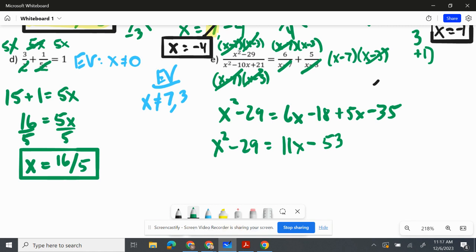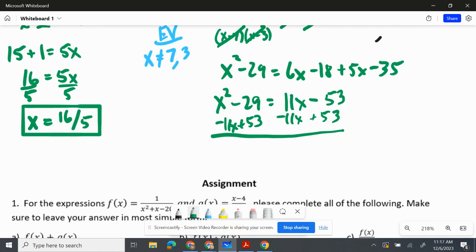I like the x squared to be positive, so I'm going to subtract the 11x and add the 53. Subtract the 11x and add the 53. And when I do that, I get x squared minus 11x and then plus 24 is equal to 0.